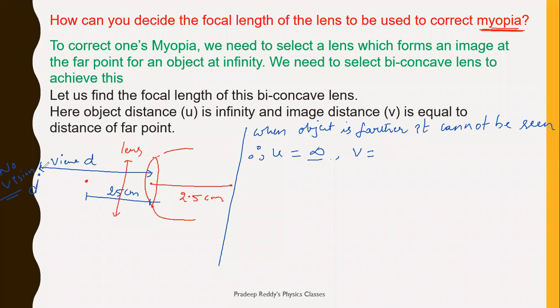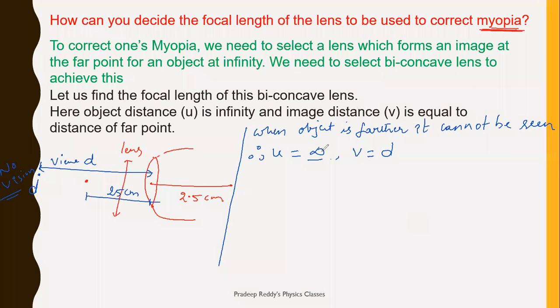So if an object is placed beyond D, you need to bring it closer toward the D position. Therefore, v is equal to D.